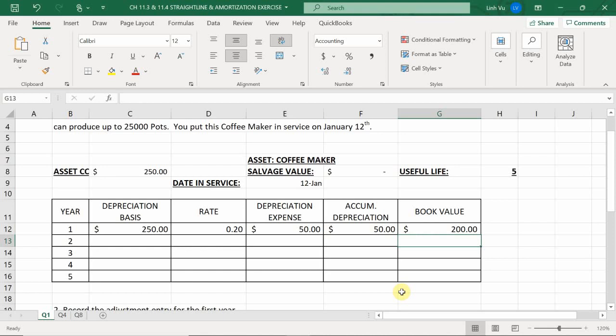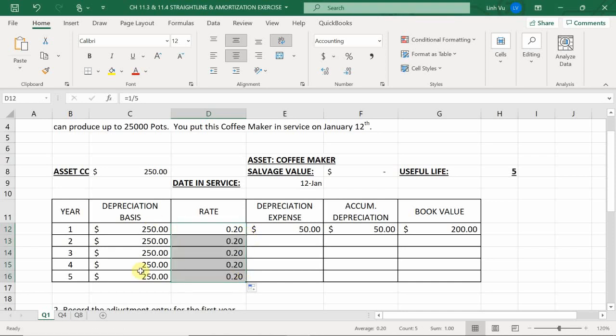The depreciation basis and the rate are going to be the same as well. Like depreciation expense. Correct. So they're all going to be the same throughout all 5 years because it's all going to be the exact same formula.